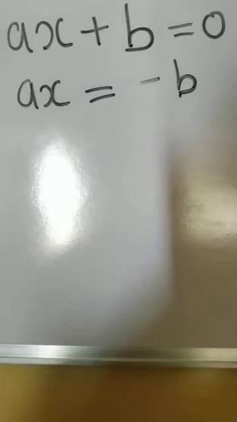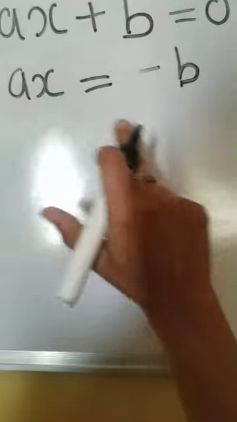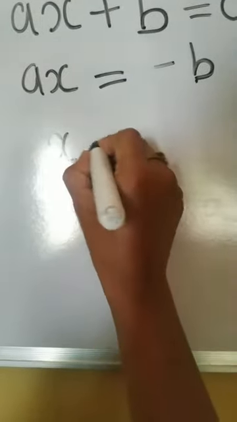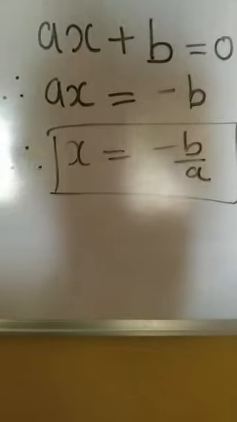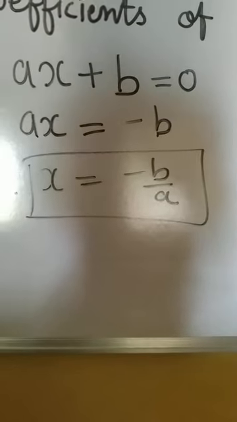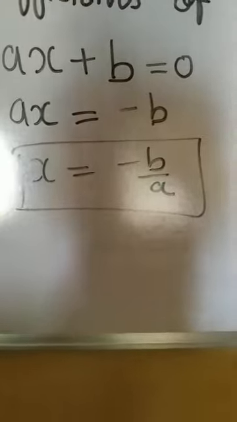So it will become minus b. And we have to make x alone. So this a will come down, and here we are getting minus b by a as one of the zeros of a polynomial. So we already know for the linear equation maximum we can get one and only one zero.